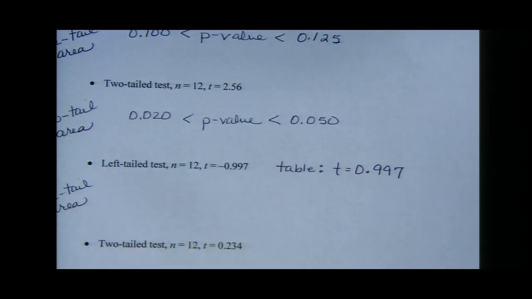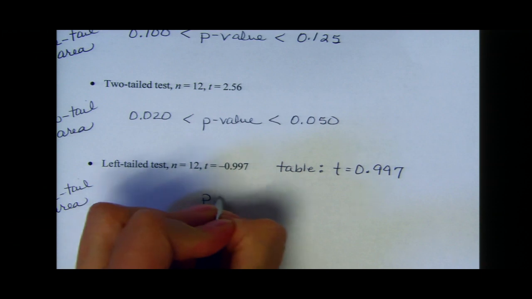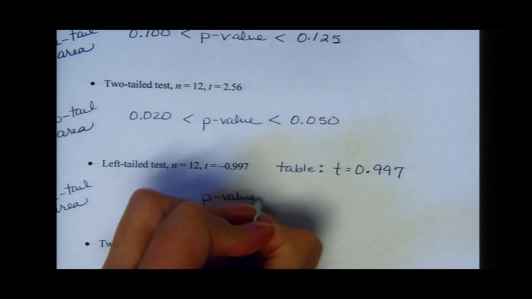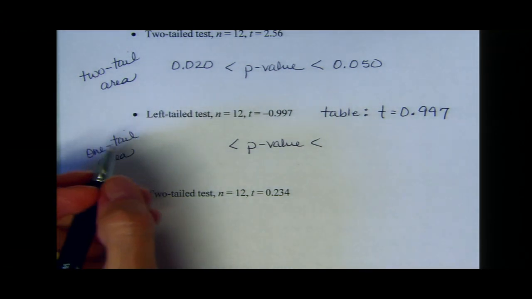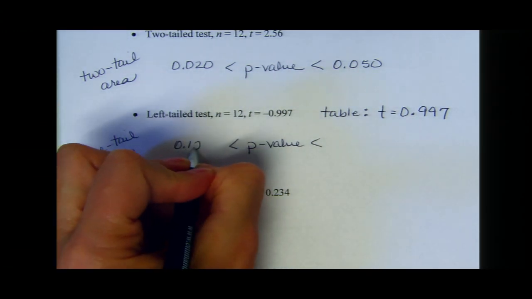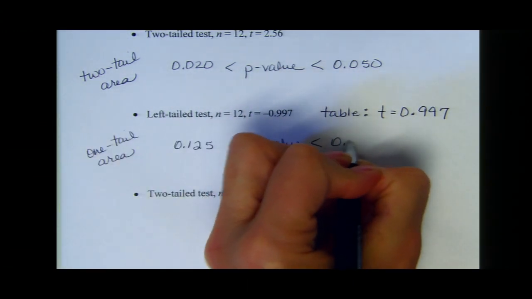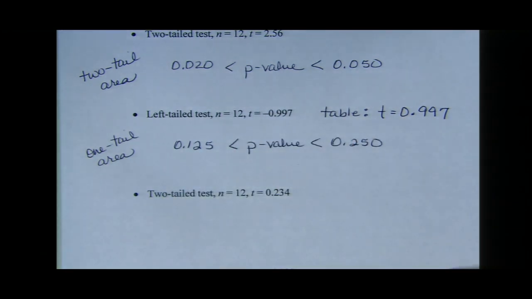And again, the smaller number goes on the left. So it would be between 0.125 and 0.250. So my p-value, or step 3, would look like that.